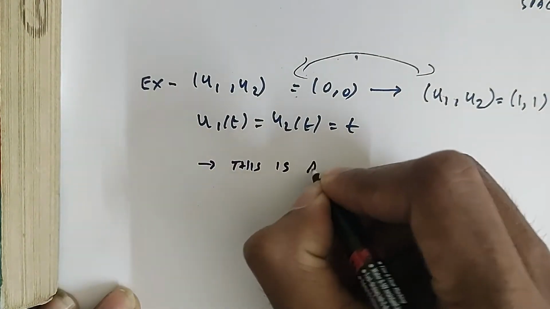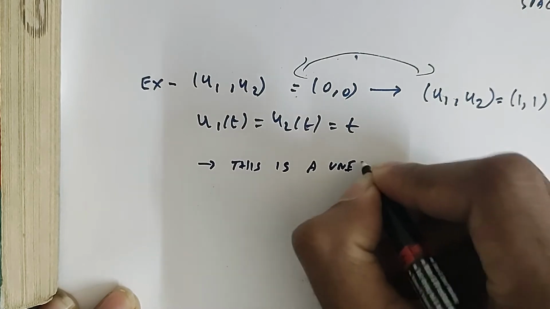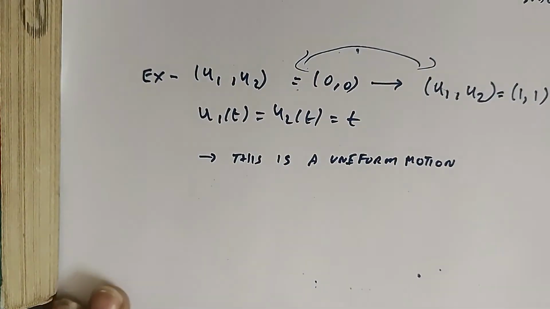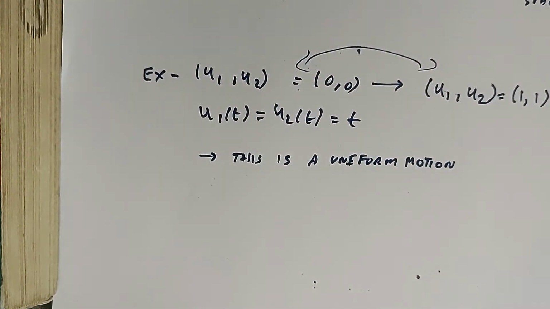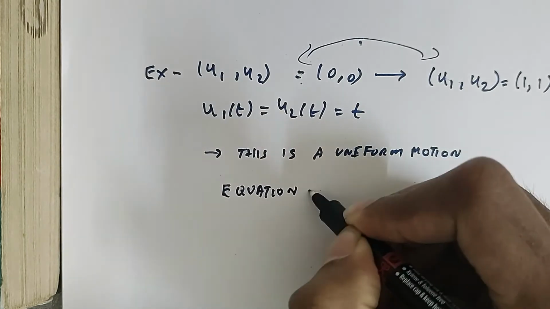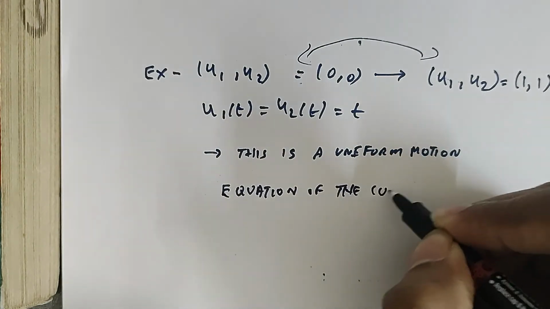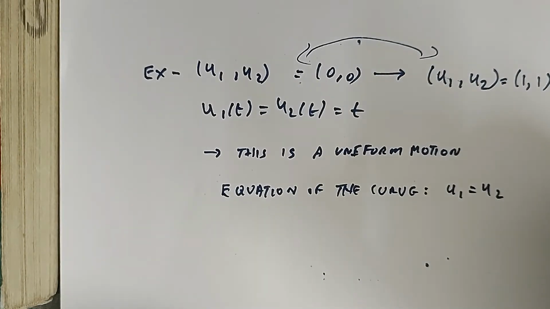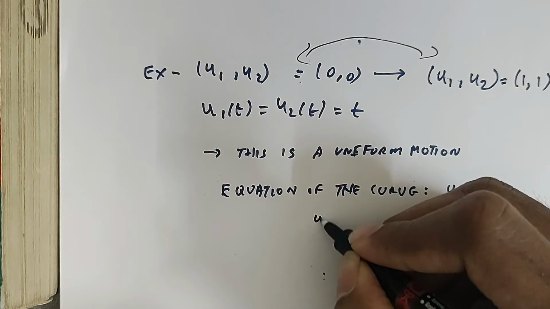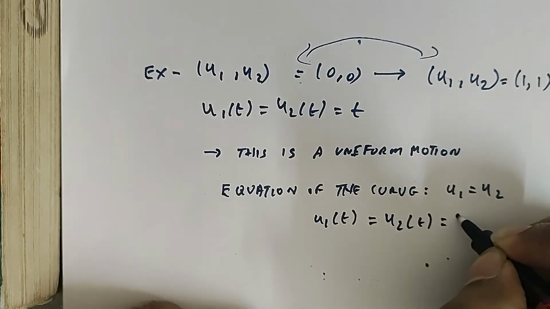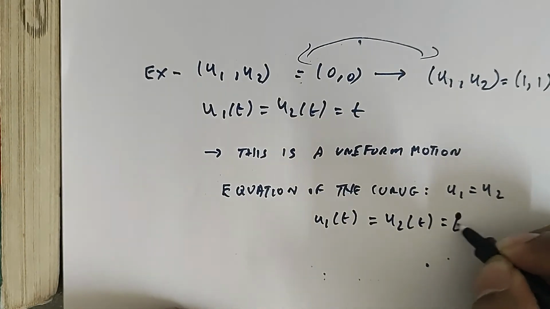So the equation of the curve is given by, let me write it, u1 = u2, and u1(t) = u2(t) = t.